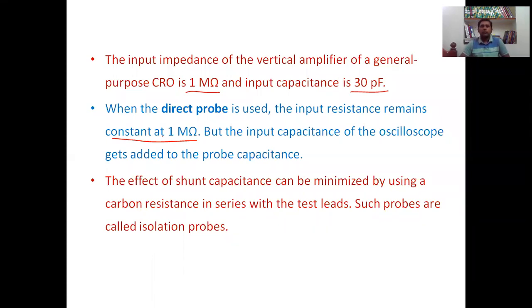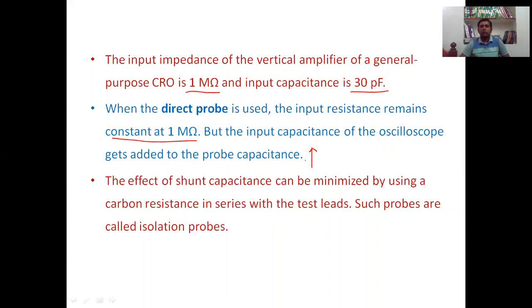But one thing is, some capacitance is added to the CRO capacitance. The actual capacitance of the CRO is 30 picofarads, but due to this direct probe, some capacitance is increased. This should not be expected in the real time environment.